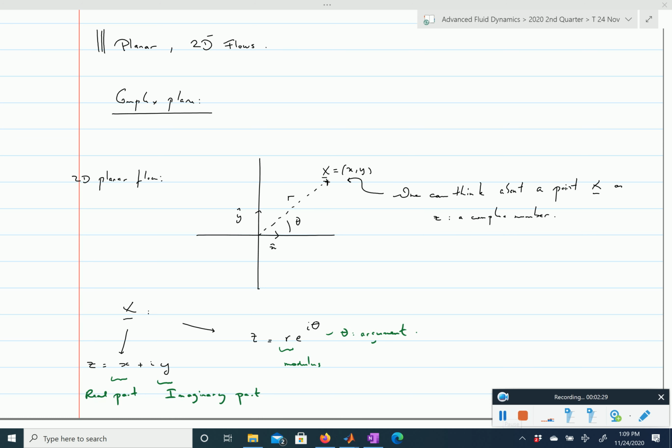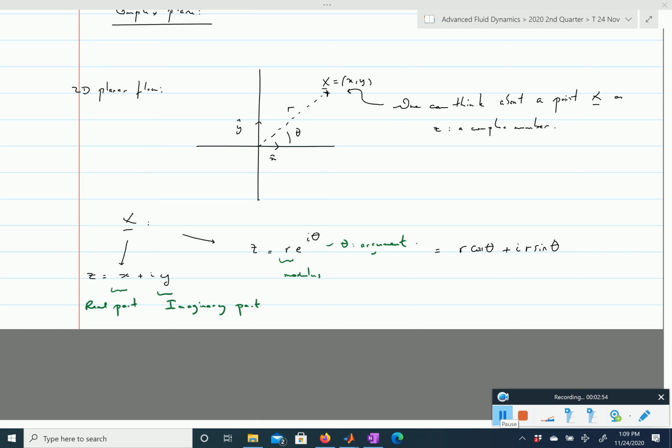And that leads to the same expression that we have when you go from Cartesian to polar coordinates, because this is equal to r times exponential i theta, which is cosine theta plus the imaginary number i times sine theta. So this is r cosine theta plus i times r sine theta. Okay, so again, this is the complex plane.